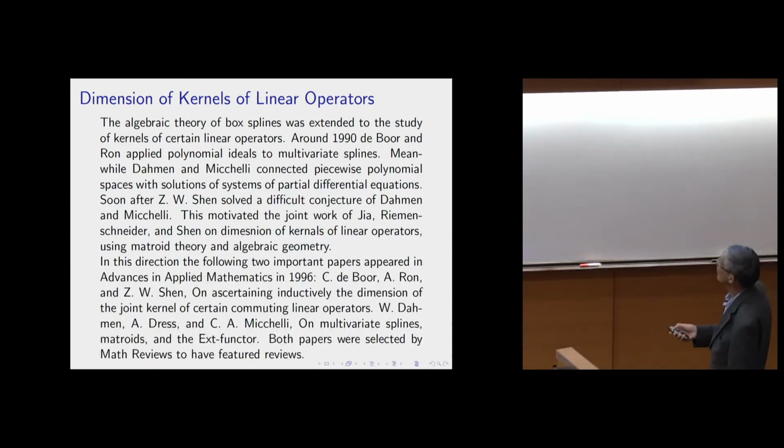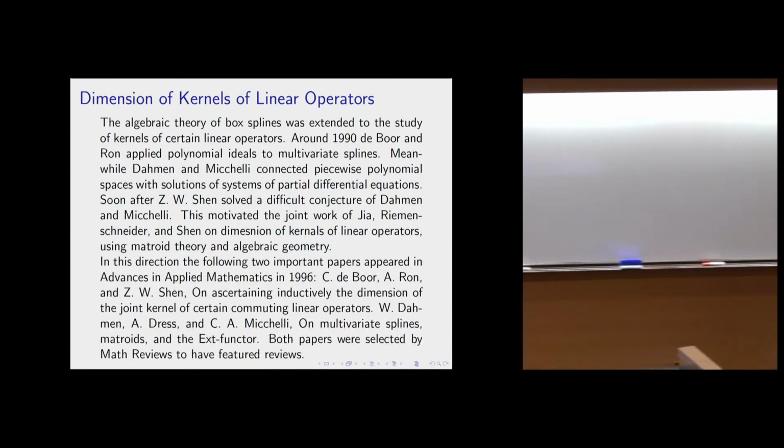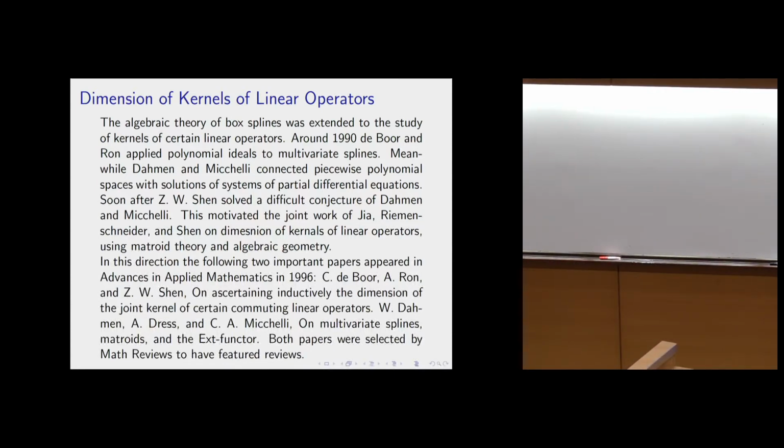And then there was a workshop organized by Dahmen in Oberwolfach. As a result, there are three or four papers. Two of these papers, one is by de Boor, Ron and Shen, and the other by Dahmen, Dress, and Micchelli, were both selected by Math Reviews to have featured reviews.